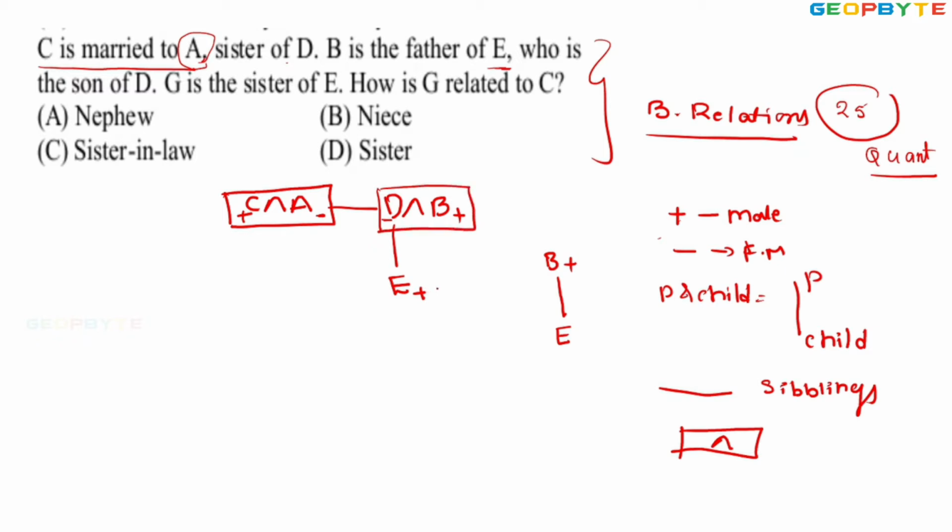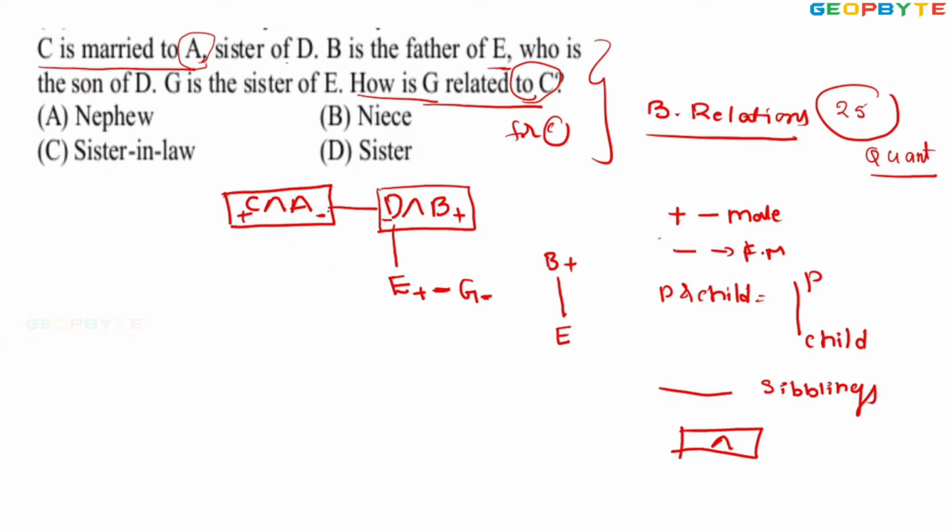G is a sister of E. Sister means sibling, horizontal line, so female, that's a minus symbol. Now what is the problem here? Students observe. How is G related to C? For C, what is G's relation?